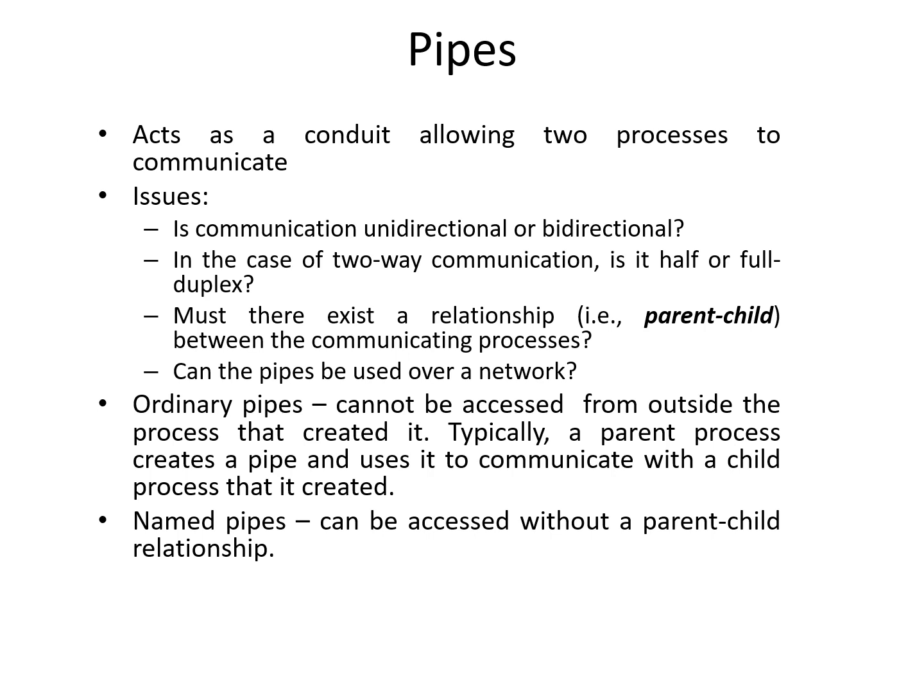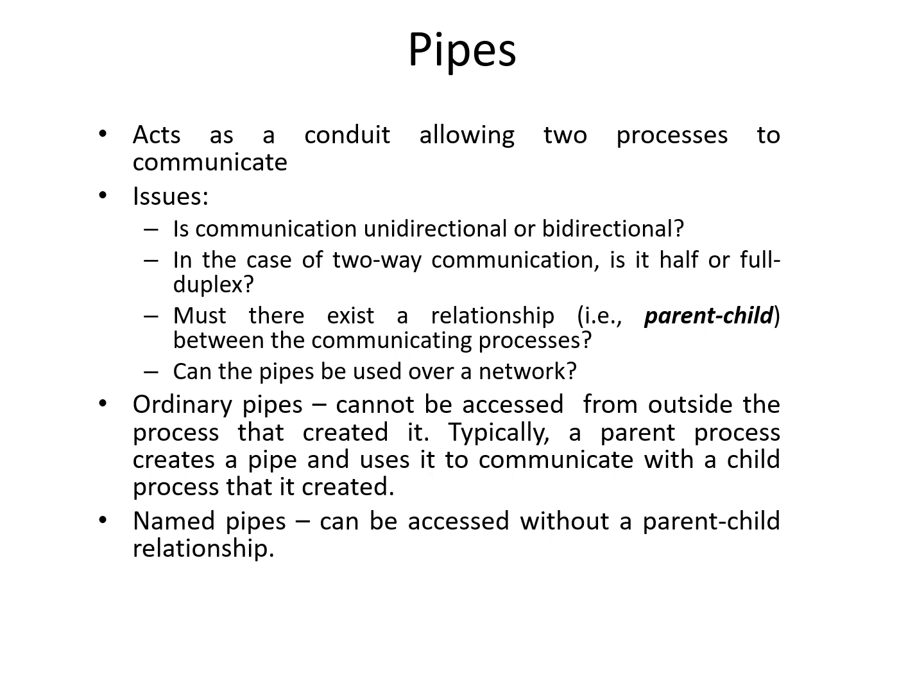There are some issues that arise with pipes. Is the communication unidirectional or bidirectional? In the case of two-way communication, is it half or full duplex? There must exist a relationship between the communicating processes. Can the pipes be used over a network?